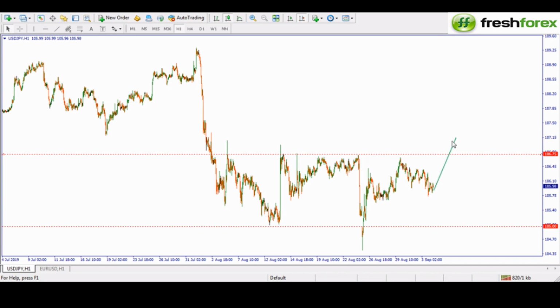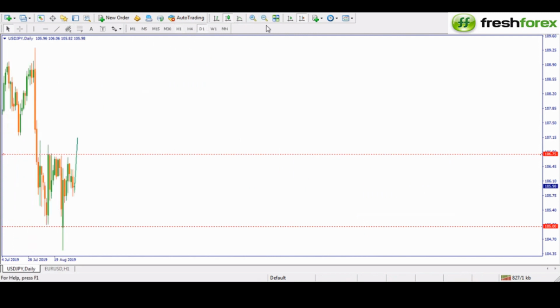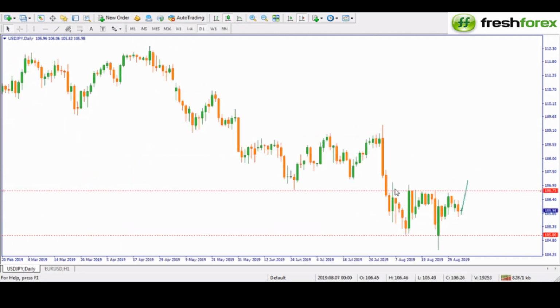But if price breaks above this level, you find that on a 1 hour chart, the candle has actually closed above 106.75. You have to wait for the same close on the daily, because that close above this level on the 1 hour could actually be a tail on the daily. So you have to wait for a real candle of the 1 hour, like something like this. From having this, these are just candles.